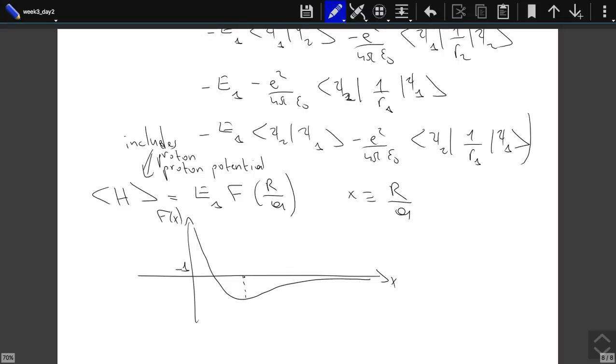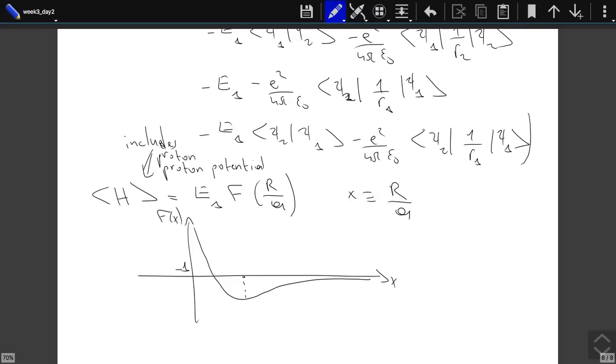Maybe for a system with many electrons, if they are layered, we could use this variational principle and do the optimization by first optimizing the inner electrons, and then a local optimization.